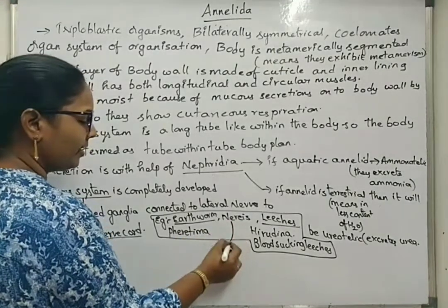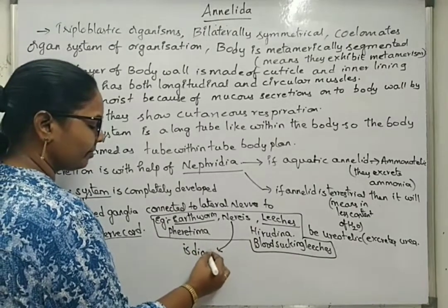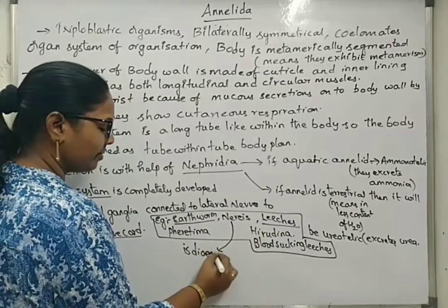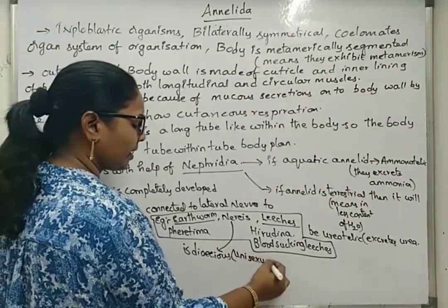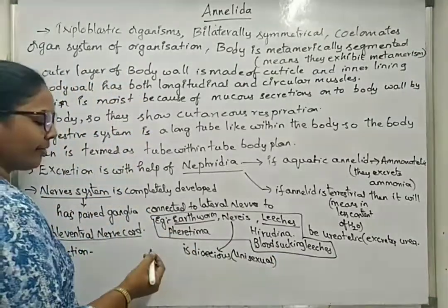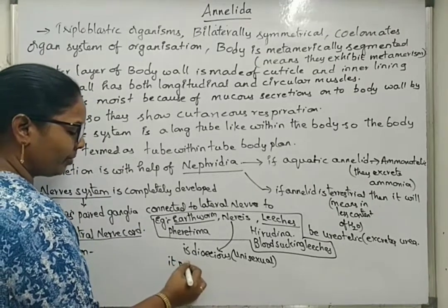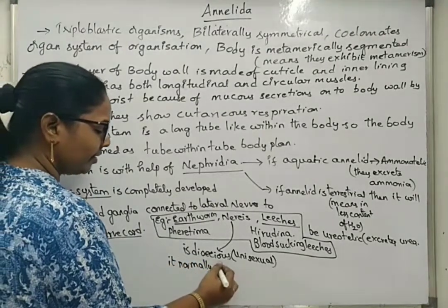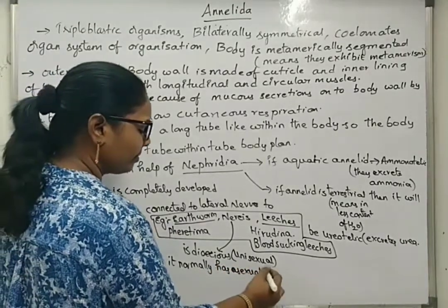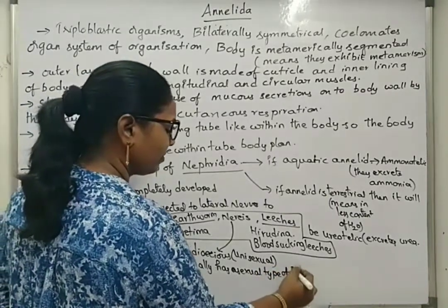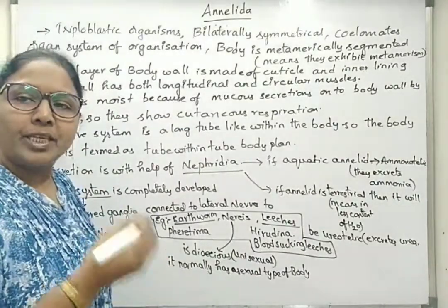Nereis, regarding reproduction, has a special characteristic feature. It is dioecious, also termed unisexual, meaning one organism is either male or female. Normally it has an asexual type of body, but when it wants to reproduce, half of its body develops the reproductive organs.